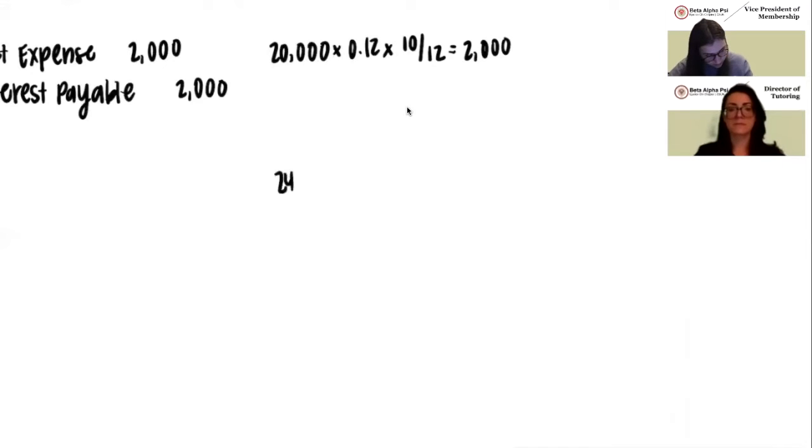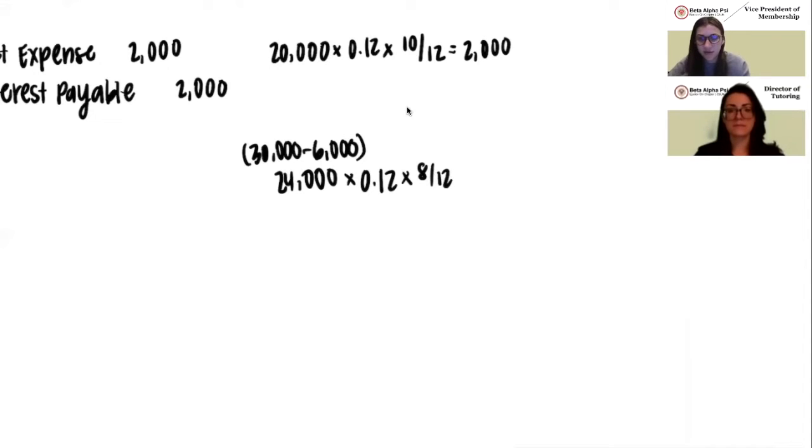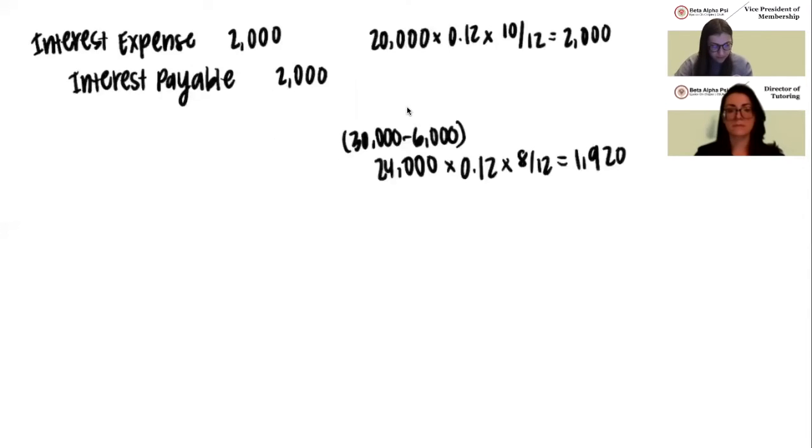We have 24,000, which is our 30,000 minus our 6,000, times our annual interest rate, times 8 out of the 12 months. May 1st to December 31st is 8 months. And that amount is going to be $19.20.